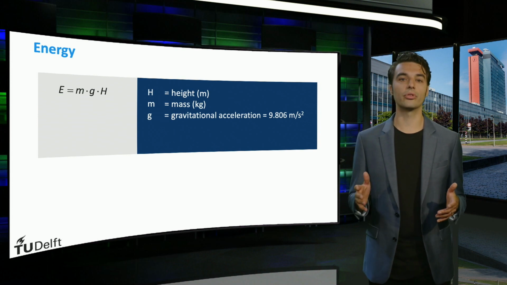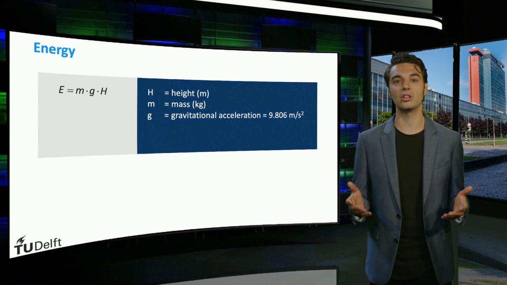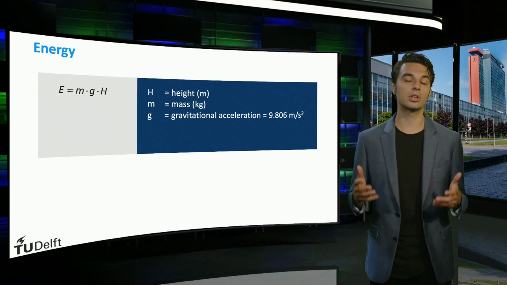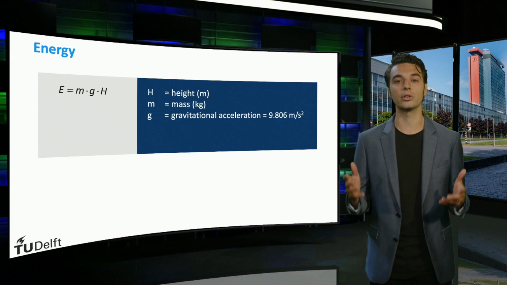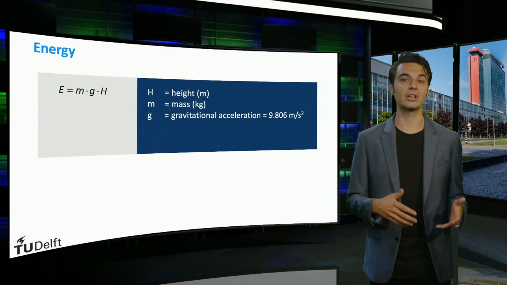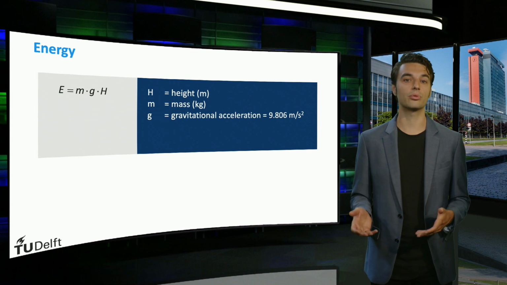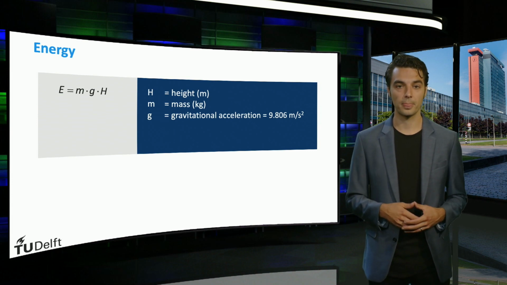Energy can be converted from one form to another, and all these manifestations of energy that we can observe are related through the great physical constants that define our universe. We have related energy to the mass of an object and the height of that object with respect to the surface of the Earth through the gravitational acceleration, which is derived from the gravitational constant.